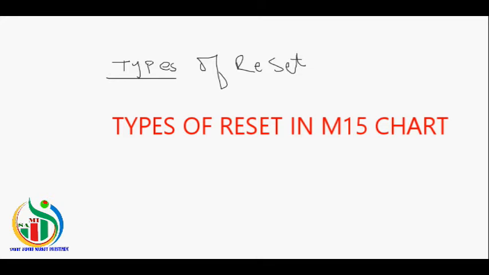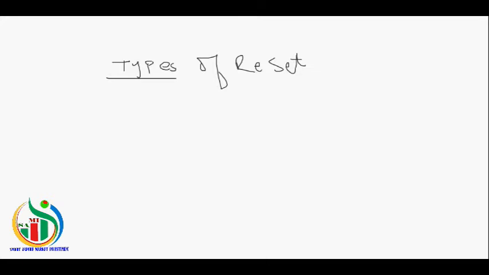Now, there are three types of resets that you should be aware of, and before you understand the types of reset, you should understand the market maker concept, whereby the market moves in pushes. For example, let's assume the market is going down one push, second push, third push, and then reset.